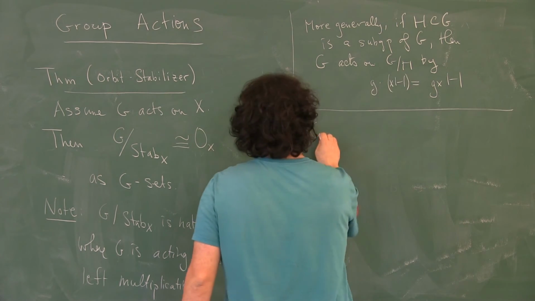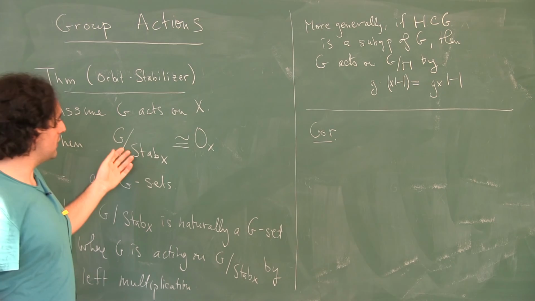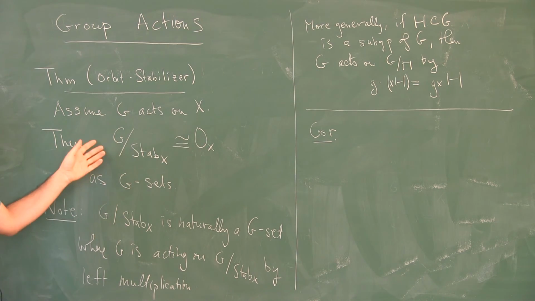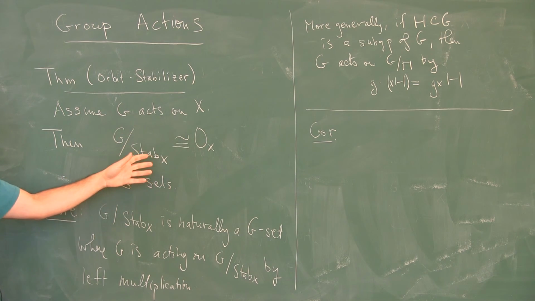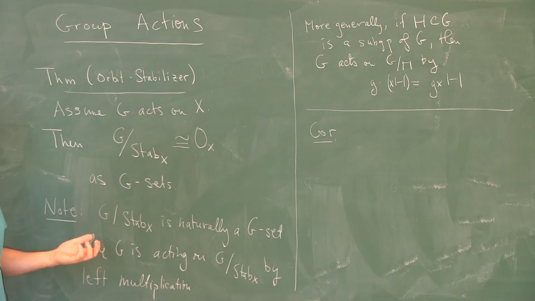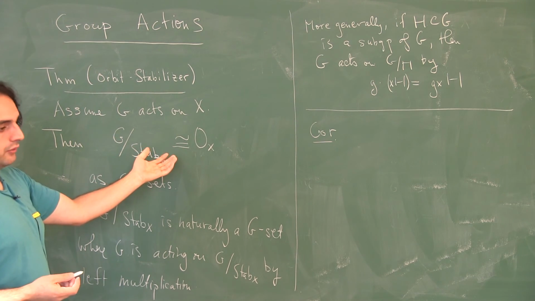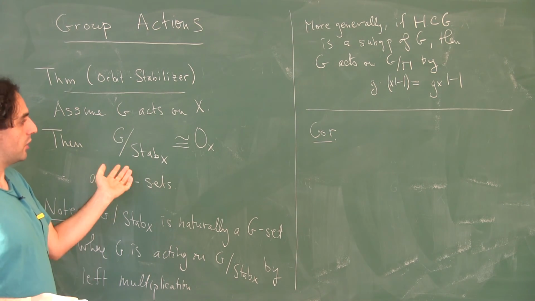Now, an important corollary of the theorem is here we are saying that these two sets are isomorphic as sets with G action, but in particular they are isomorphic as sets, which means that they are in bijection with one another. That is, they have the same number of elements.